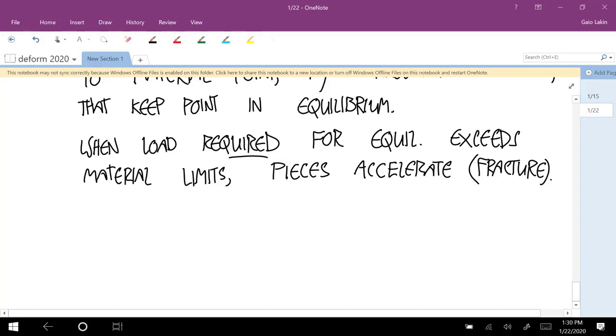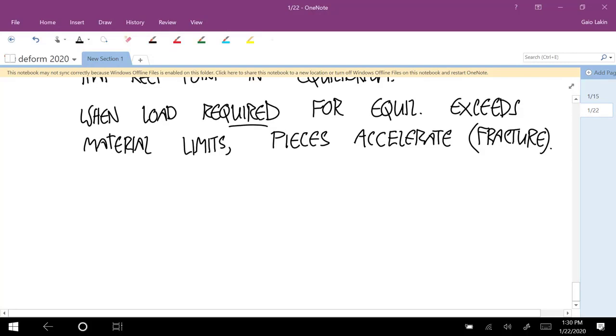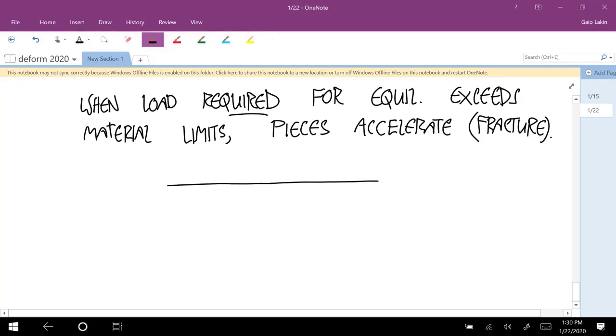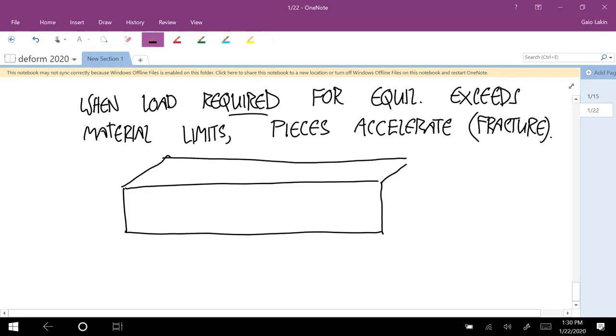Okay, so think of a material. And say we want to measure the internal loads at this point. Okay, how are we going to do that?